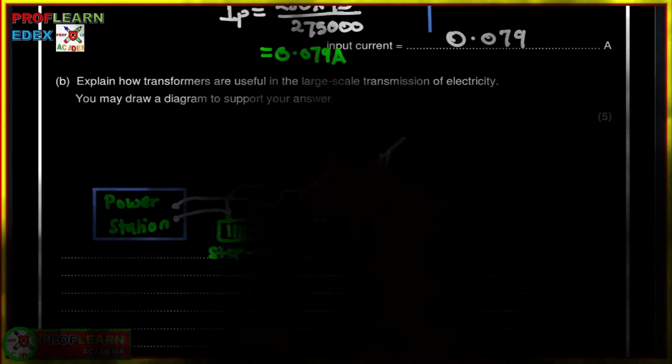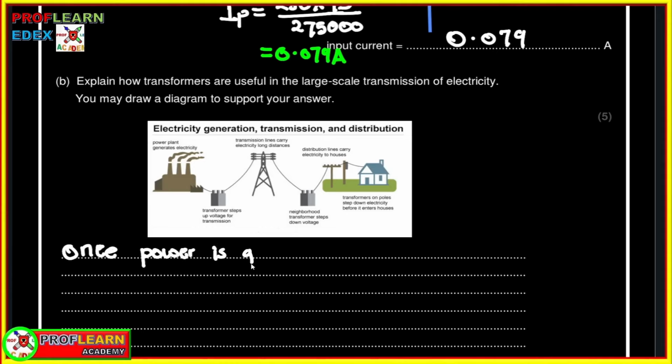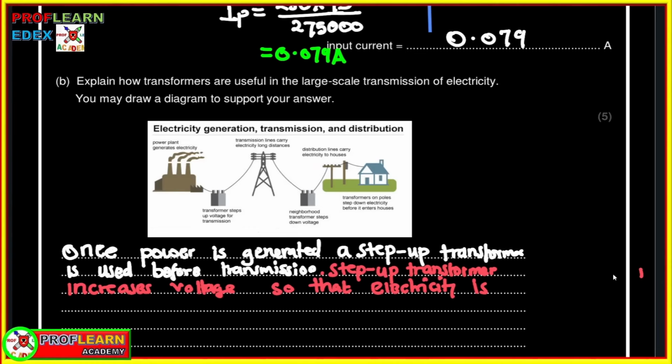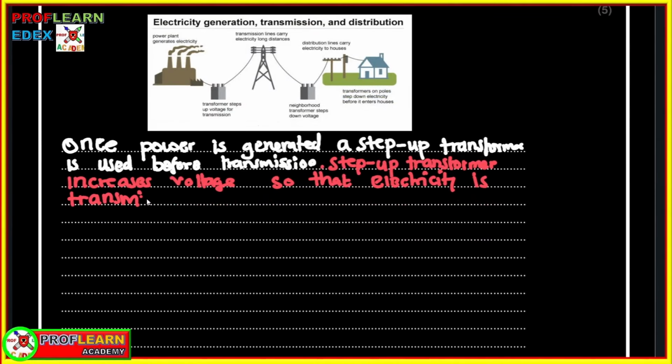So once power is generated at the power station, we have step-up transformers, and the purpose of the step-up transformer is to increase the voltage so that electricity can be transmitted at high voltage but at low current. In that case, there is not going to be much power loss in the process of transmission.